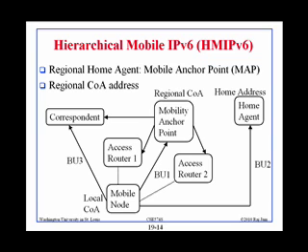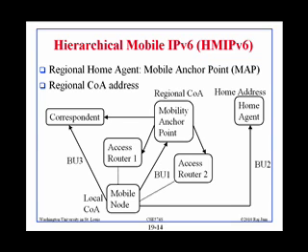If it sends to the correspondent, then if you want to perform any kind of return routability procedure, you don't have to go to the home agent, you can do it right here. Or if you want to do CGA, obviously you don't need to do even that. So basically you inform three people. You inform your home agent, you inform your local anchor point, a regional anchor point, and then you can also inform your correspondent.